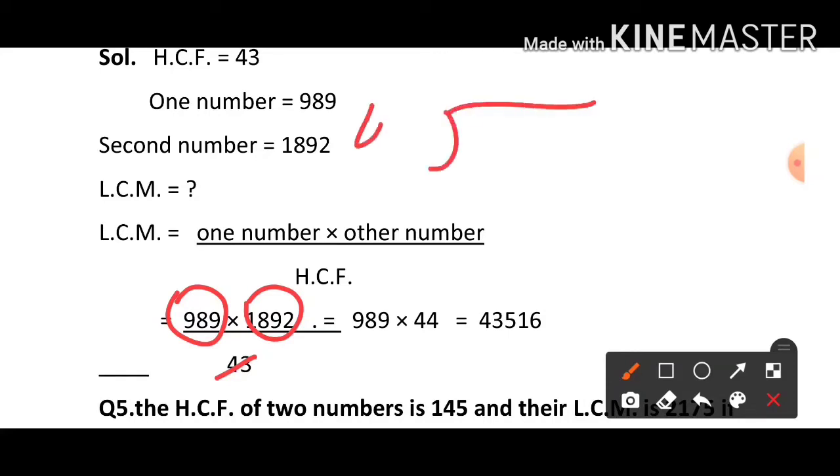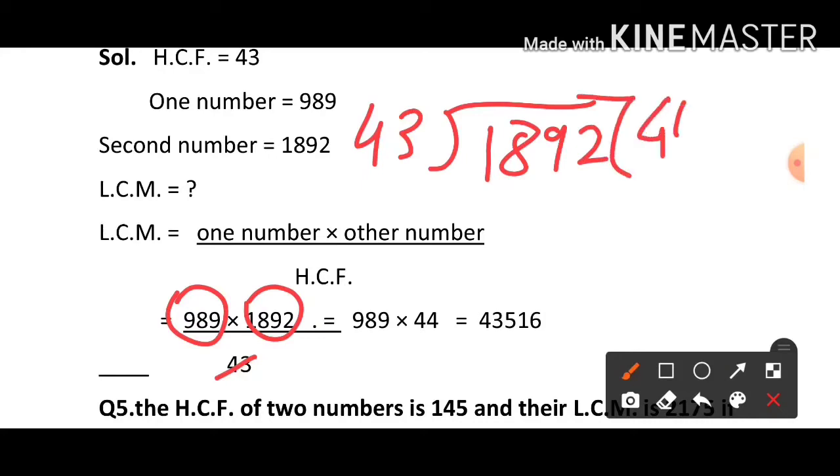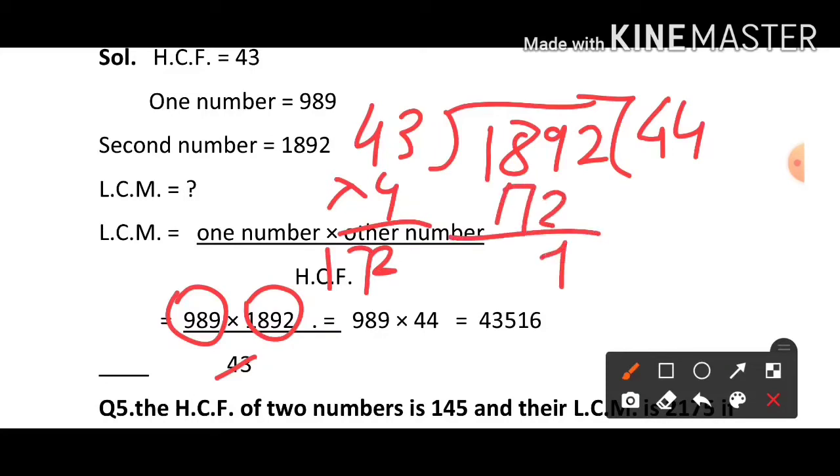So first we have divided 1892 by 43. If we divide it, you will get the answer as 44. So 43 fours are 172, 9 minus 2 is 7, 8 minus 7 is 1, and here 2. Again, 43 fours are 172.